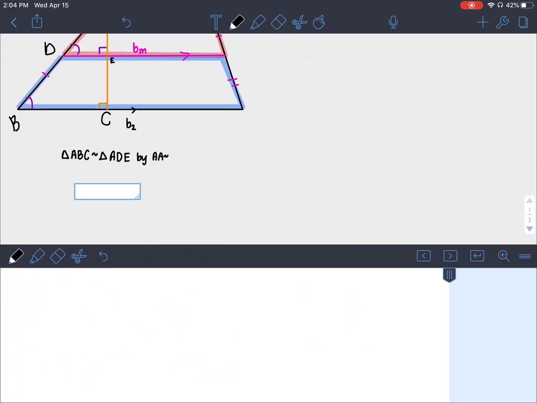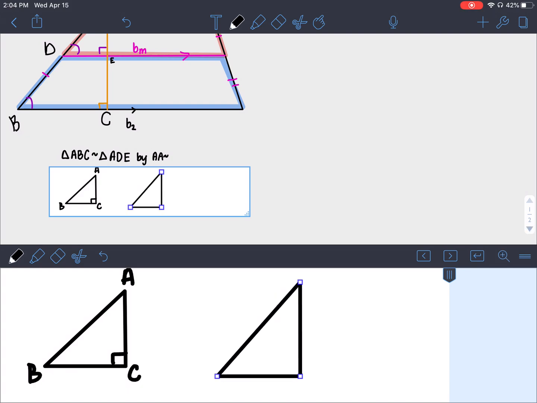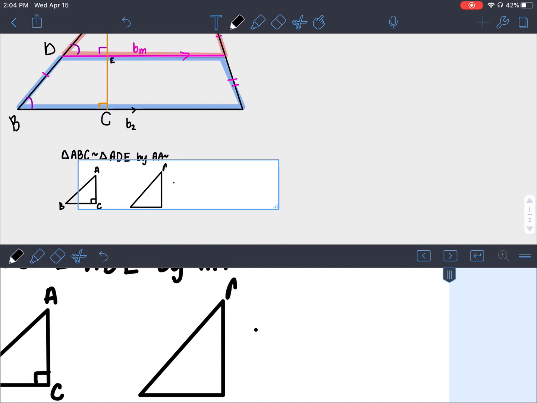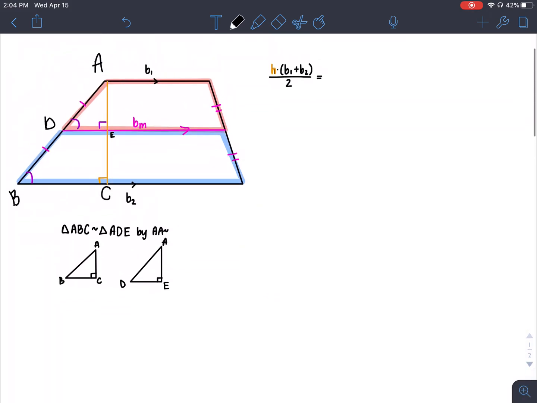Okay, so then if I were to redraw those two triangles, I have triangle A, B, C, and triangle A, D, E. That are similar.